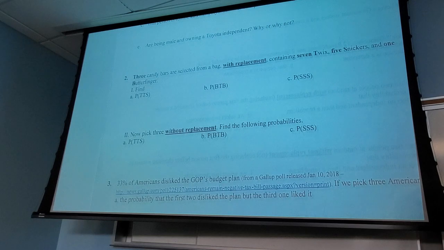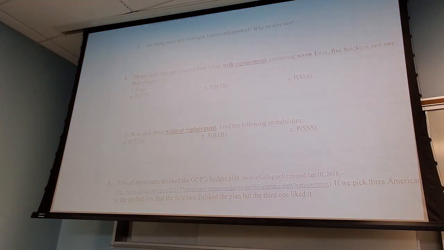Anything else? Any other question? Right now is the time to get it out because this is the review section before our quiz on Wednesday. Yes? Can you explain the independent, dependent? Yeah. So, independent means if an event happens, an event occurs, and another event doesn't change its probability.